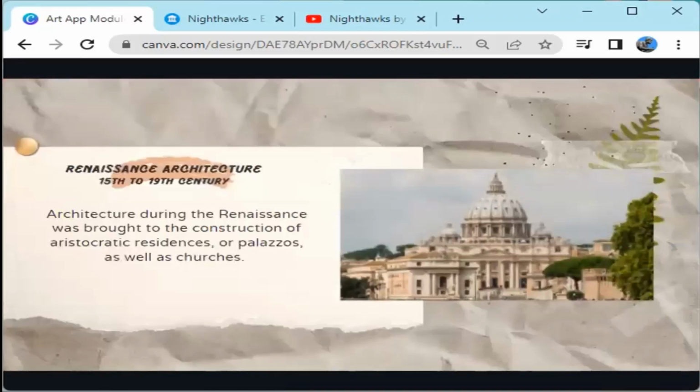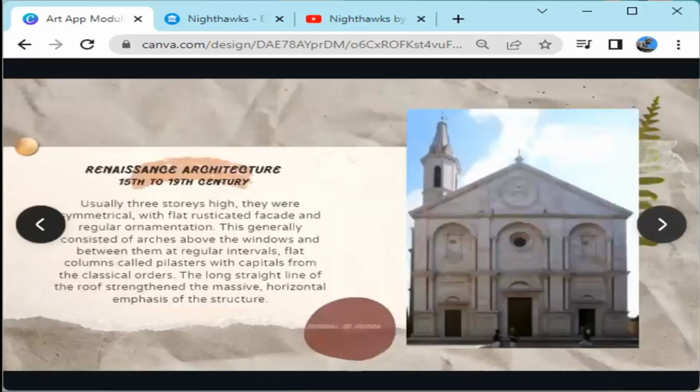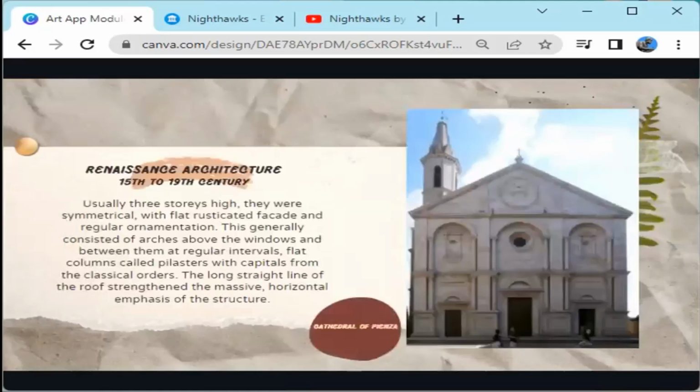Now, back to Renaissance. Renaissance architecture was brought about through the construction of aristocratic residences or palacios as well as the churches. Usually 3 stories high, they were symmetrical with a flat rusticated facade and regular ornamentation.